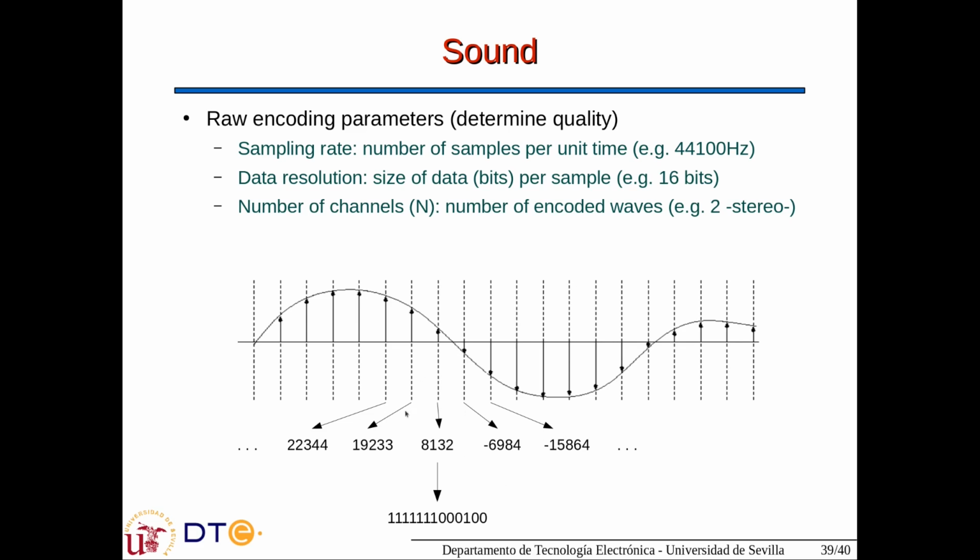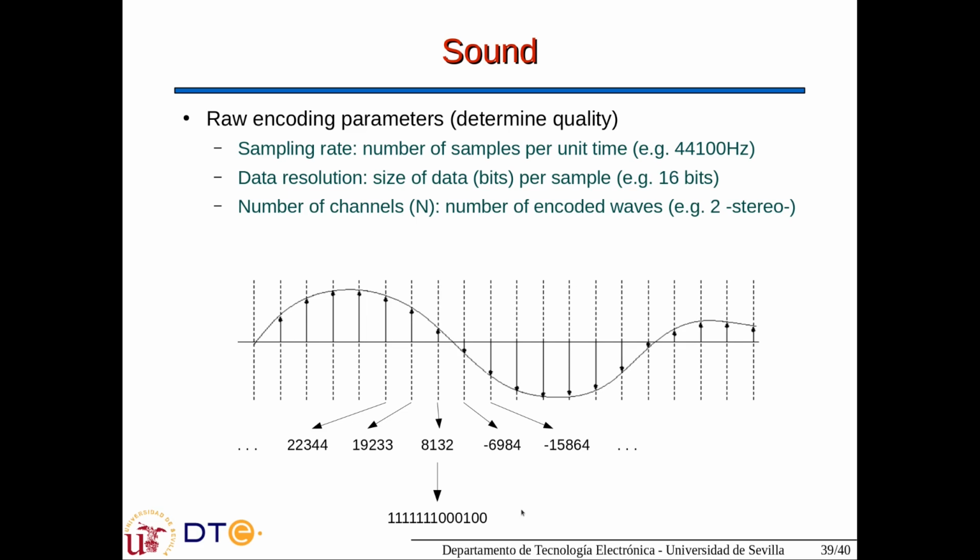For example, this number here will be something like this, I guess. I don't know if it's correct right now, the right encoding for the number, but the idea is that I take the number and represent this number with 16 bits. Okay, so in the end we have converted our sound into a sequence of bits in small packets of 16 bits.